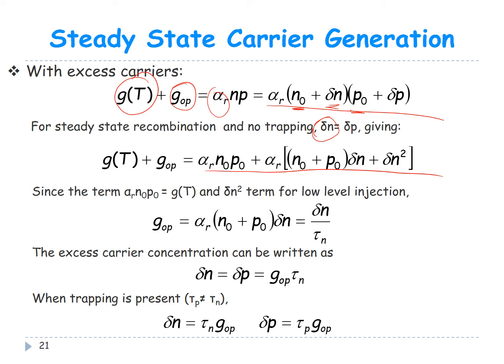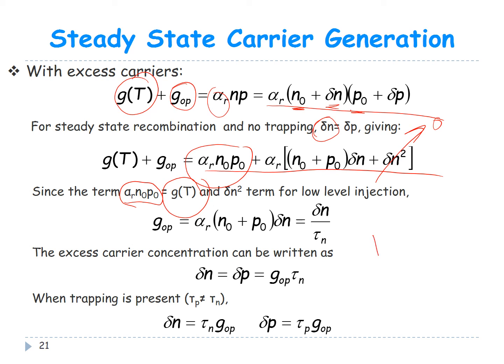And since the term alpha N naught P naught, this term here, is simply the thermal generation rate, and this term here can be removed for low level injection.